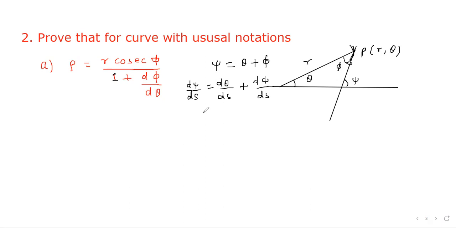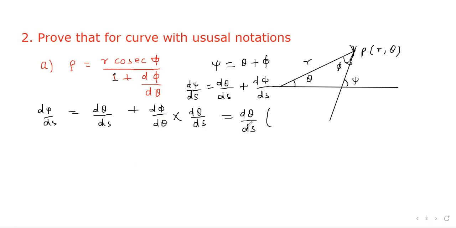Now we can write it further. d psi upon ds equals d theta upon ds plus, here we write d phi upon d theta into d theta upon ds. We can take out d theta upon ds.